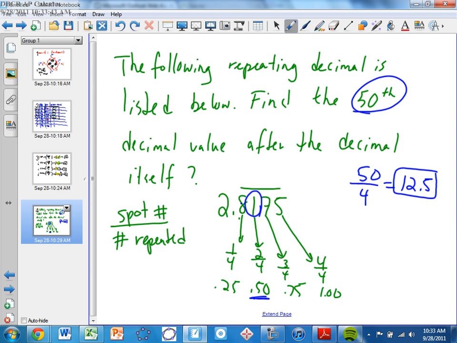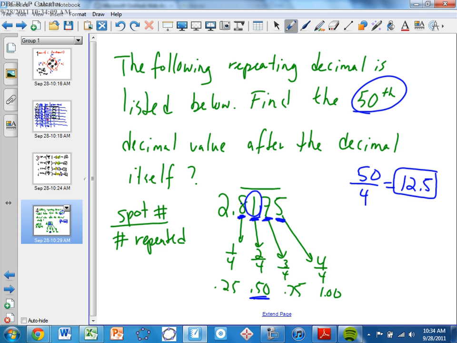So if you went by 4s, you would eventually get to 48 at the end, and then you would have to go 2 more spots, which would be the 49th spot here, the 50th spot here. This is then spot 51, 52, 53, 54, 55, 56, 57, 58, 59, 60. And it continues over and over again. So if you just take the spot you're looking for over the total amount and find the decimal it corresponds to, it works every time.